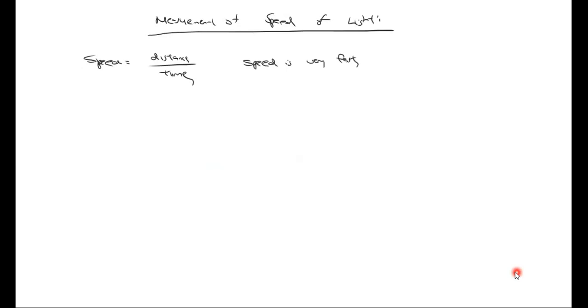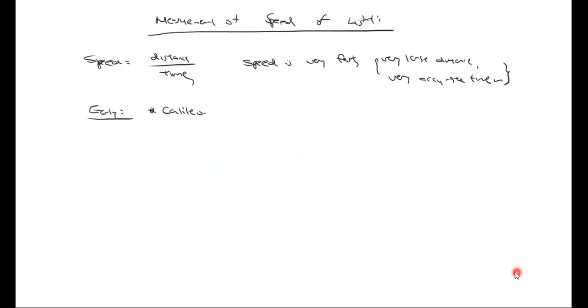So to do it meaningfully, you either need a very large distance or you need a very, very accurate timer. And generally speaking, neither was really available. So you can think of your early measurements, all right? Your earlier measurements would be, for example, Galileo doing it on top of a hill, which is woefully inadequate in terms of how far away it is, right?